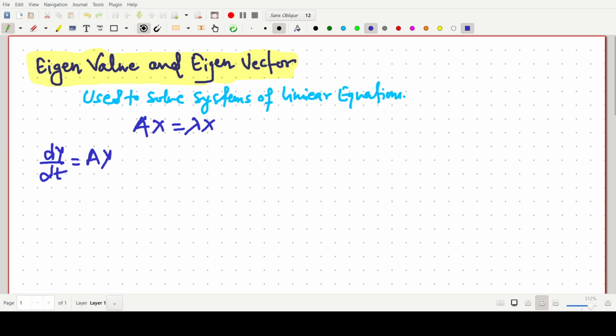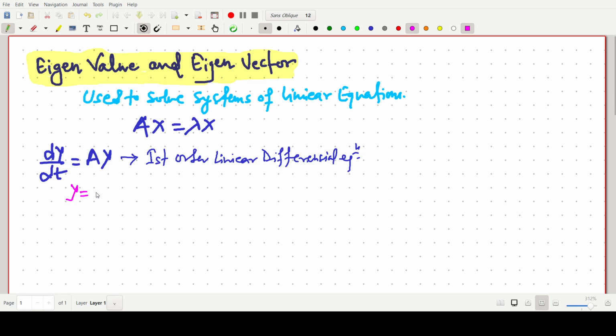So this one is our A. This dy by dt equals Ay is a first order linear differential equation. If we find the solution, the y value will be nothing but simply e to the power lambda t into x.